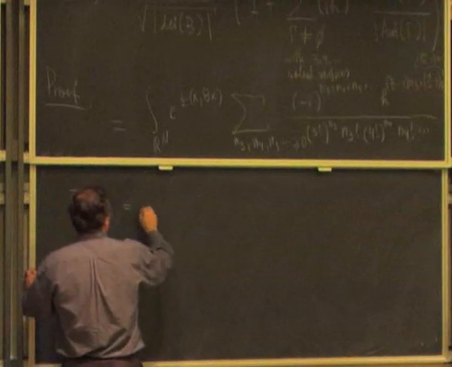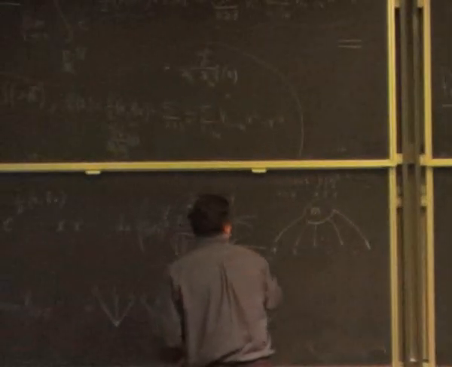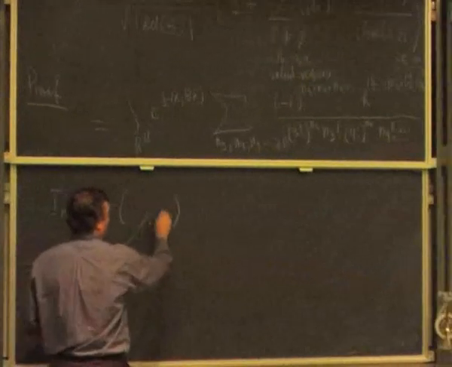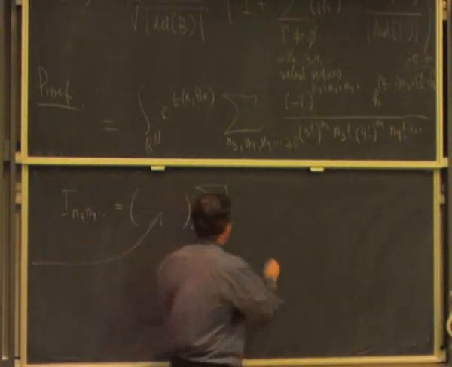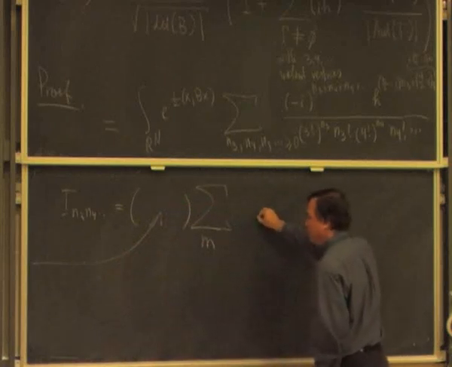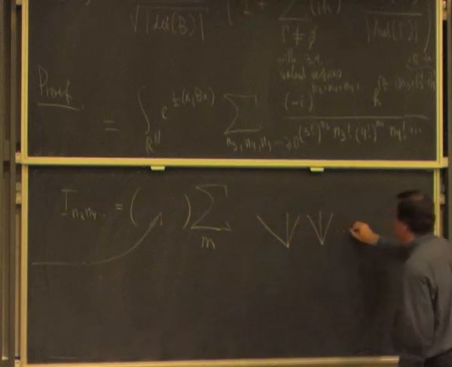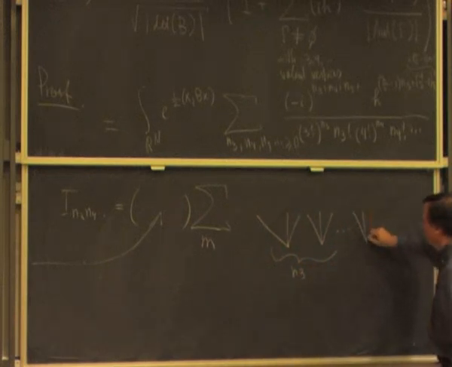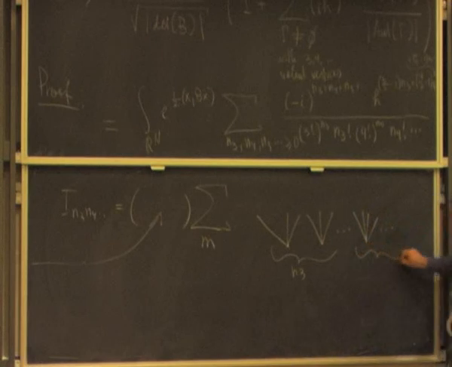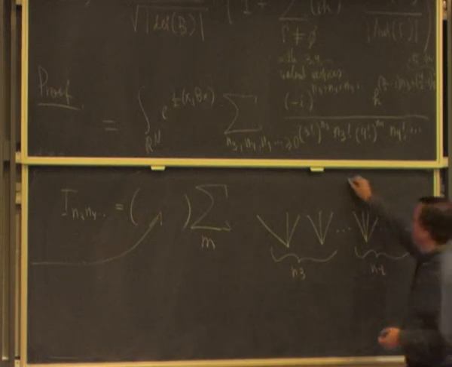So this can be written as all these prefactors and then sum over perfect matchings, and here we'll have these graphs: n3 of trivalent vertices, n4 of 4-valent vertices, n5 of 5-valent vertices, and so on.